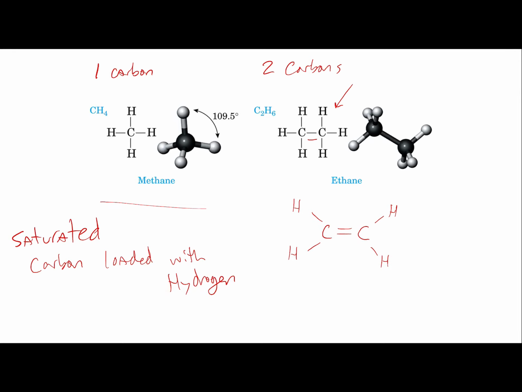Of course this would be an alkene and not an alkane because it has a double bond, but you can see here that it would be called unsaturated. This refers to it not having as many hydrogens as it could have. If this wasn't a double bond, it could hold 2 more hydrogens. These are our alkanes of the simplest variety.